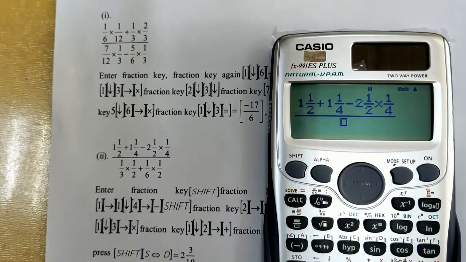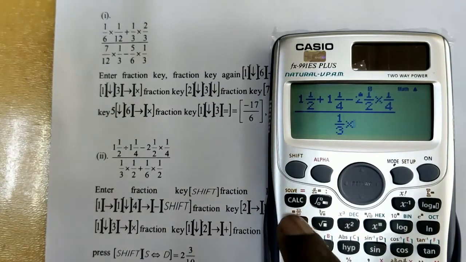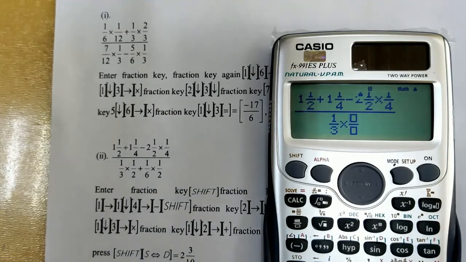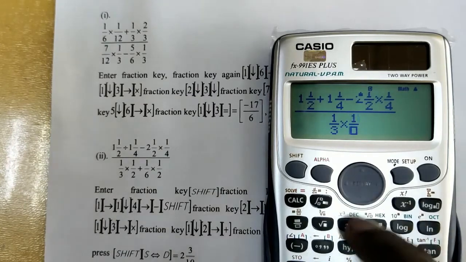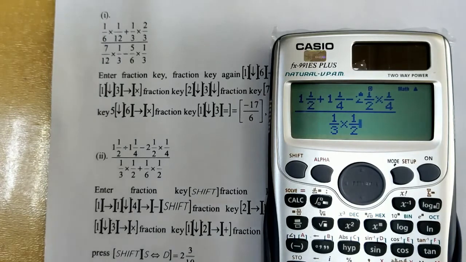And the first one is a fraction, not a mixed fraction. So we just go to the fraction key, and you enter 1, replay key down, 3, replay key right, times, fraction key. And the next one is just a fraction. So fraction key, 1, replay key down, and 2, replay key right, plus.